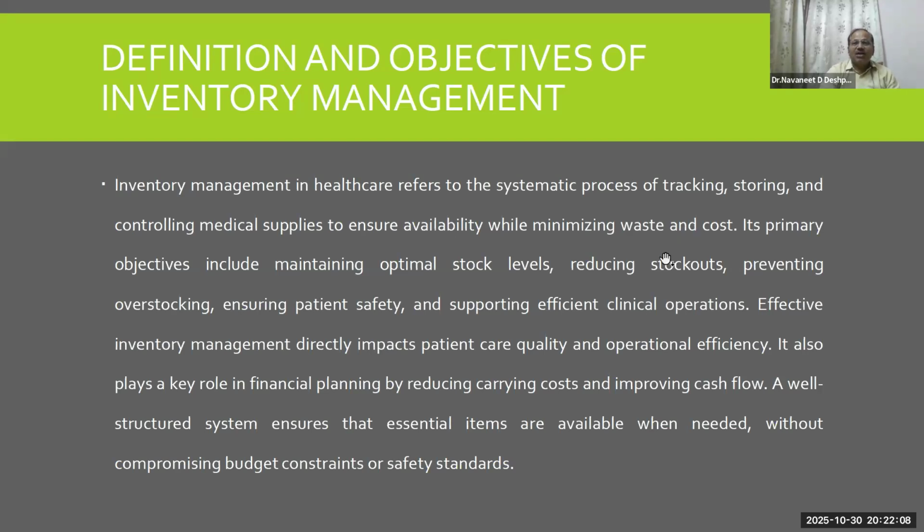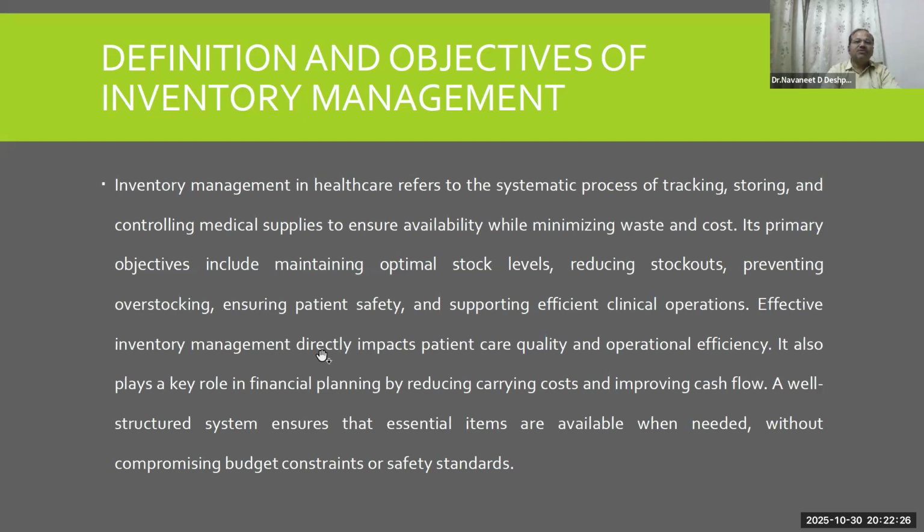Its primary objective includes the maintenance of optimal stock level, not overstocked and not understocked, and stock-outs should be eliminated. Preventing overstocking should also happen, ensuring patient safety and supporting efficient clinical operations.